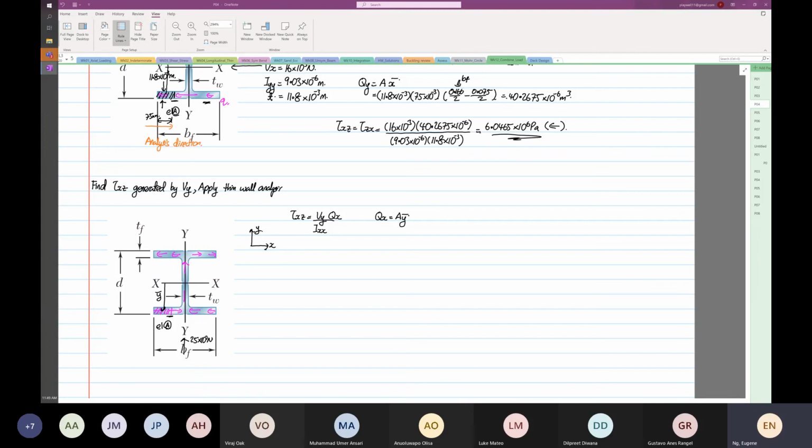So that is our y bar now. So what do we know? We know Vy. Vy is 25 times 10 to the power 3. Ixx we know. The t is missing down here. Ixx is equal to what is our Ixx? 40.8.